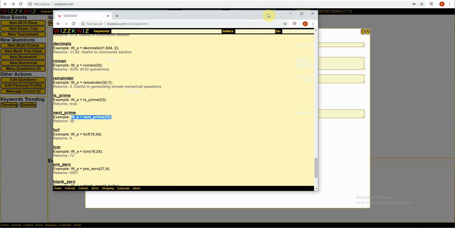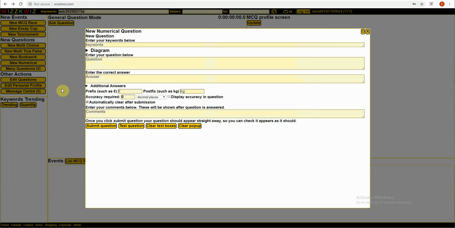So I want to try and ask the question, give the prime number between two numbers, and how are we going to use next prime to generate that question. Again, it's always a good idea, when we've typed in our keywords, to write out the question in a simple form without using anything clever.